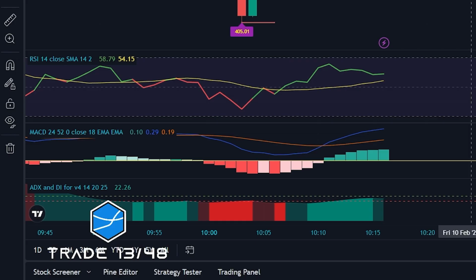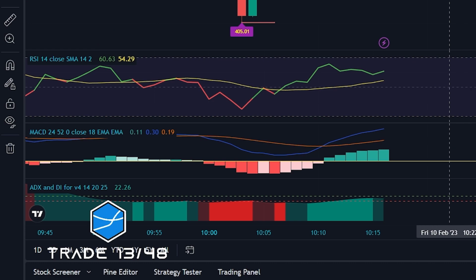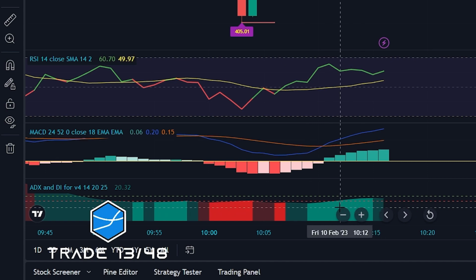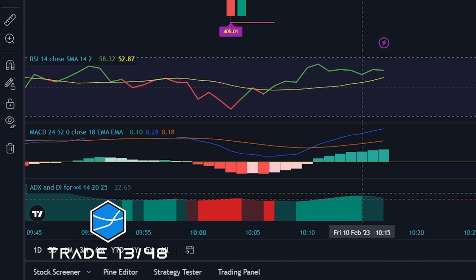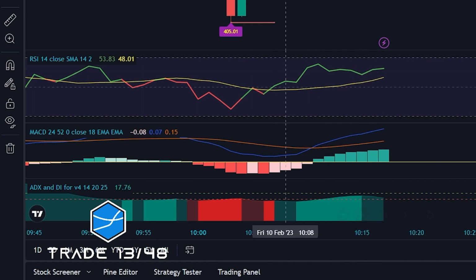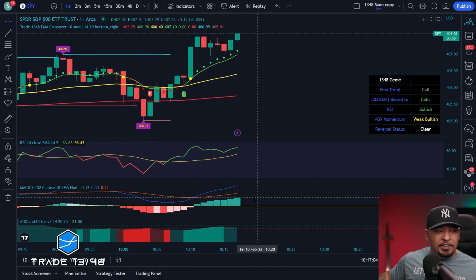Okay, so what we're essentially doing is now we are driving by RSI and MACD. So ADX is going to give us the strength of the trend, right? And you'll see that a deeper green shows a strong bullish trend. And as you could also see, we have some consolidation on the 1 minute here above this level.